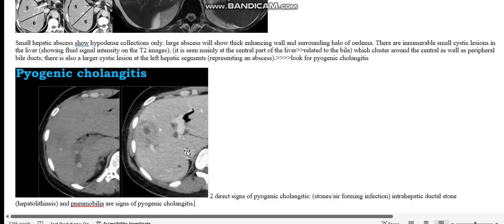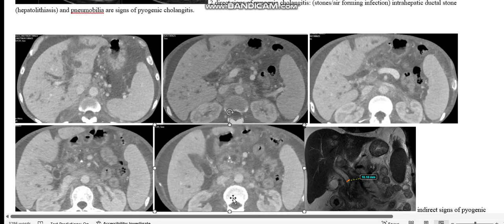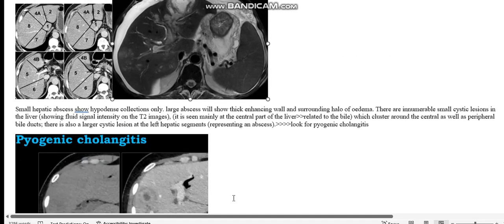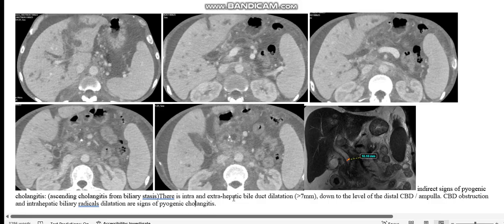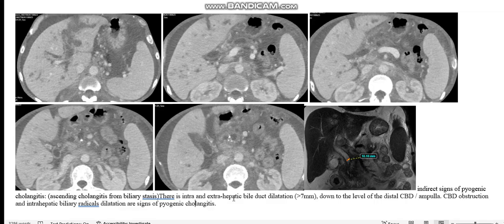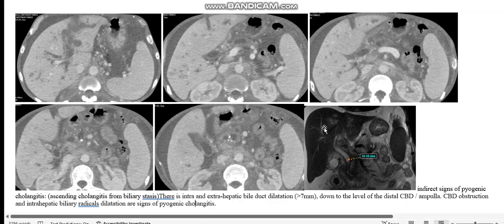If you couldn't see the direct signs of pyogenic cholangitis, look for the indirect signs of cholangitis. What are the indirect signs? Biliary obstruction and biliary stasis, and biliary duct dilatation, as in this case.